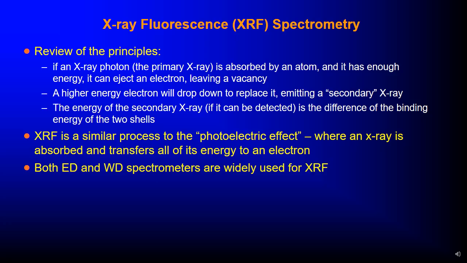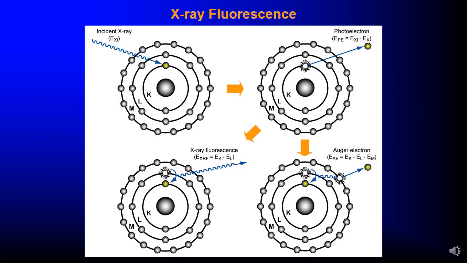Both energy-dispersive and wavelength-dispersive spectrophotometers are widely used for X-ray fluorescence. So we can see here the photoelectron: an incident X-ray knocks out an electron, leaving a vacancy here.